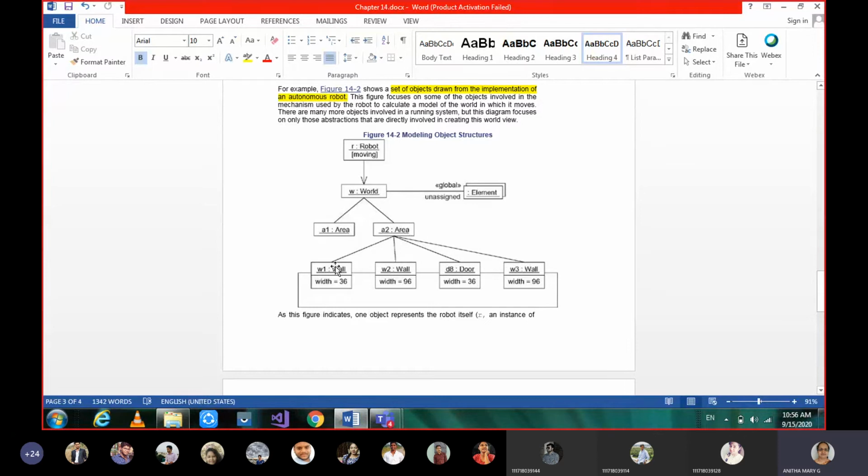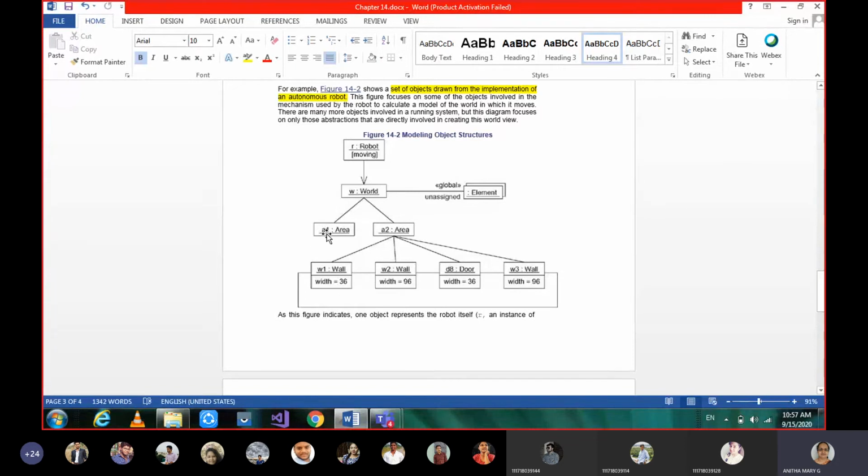So when we say the A2 instance, the A2 instance is again connected to different things. It may be a wall W1, with some width, and A2 instance is connected to W2, which is a wall with a width, and A2 can be connected to the instance door, that is D8 instance with 36, and A2 with a wall W3 instance with width 96. Whenever a Robo is moving in some particular space, it may encounter any of these areas.